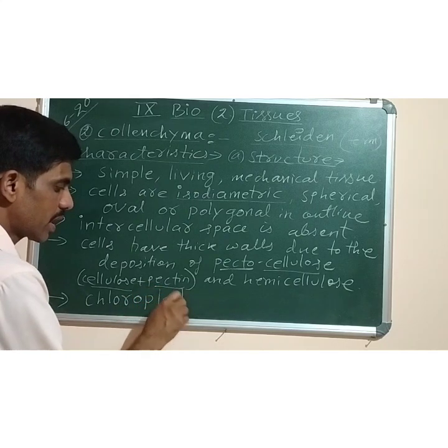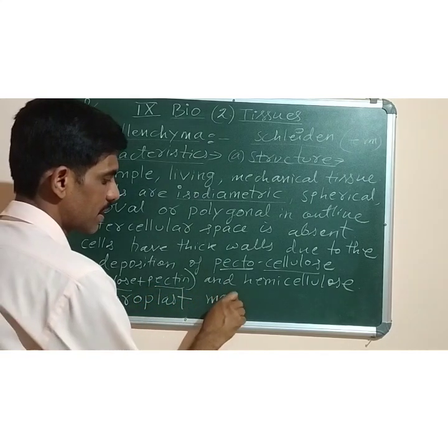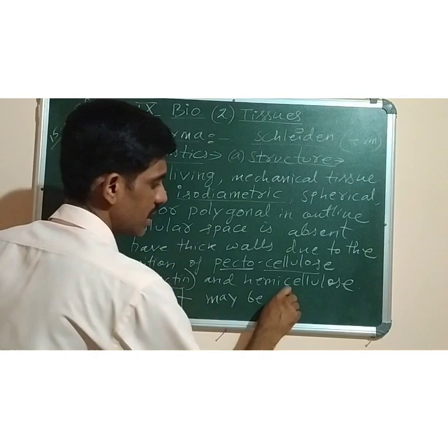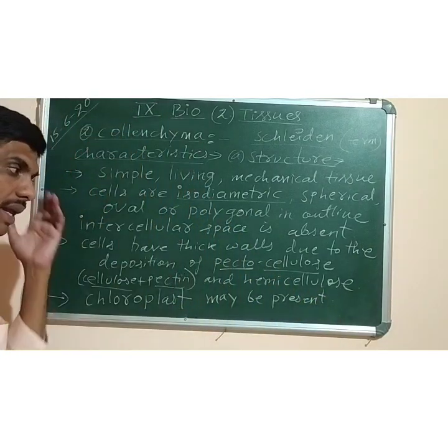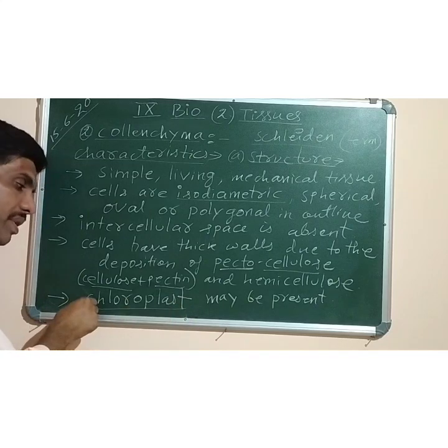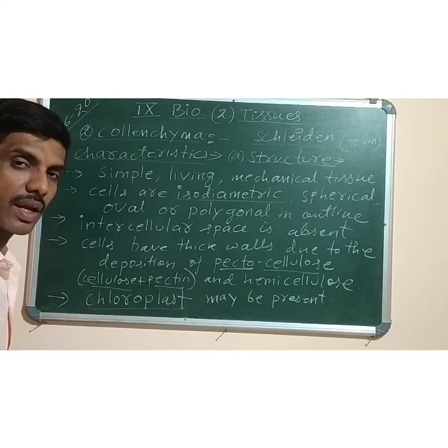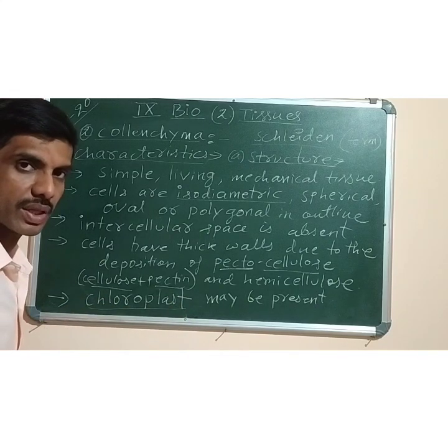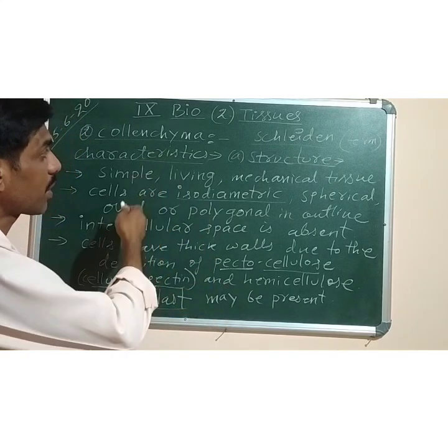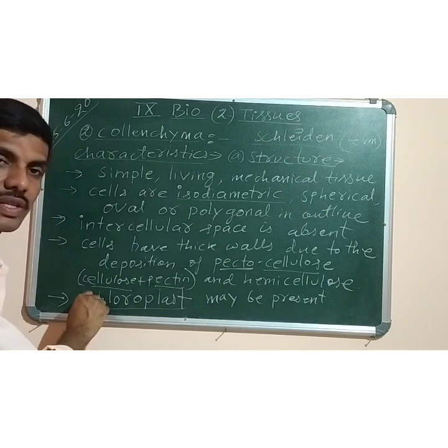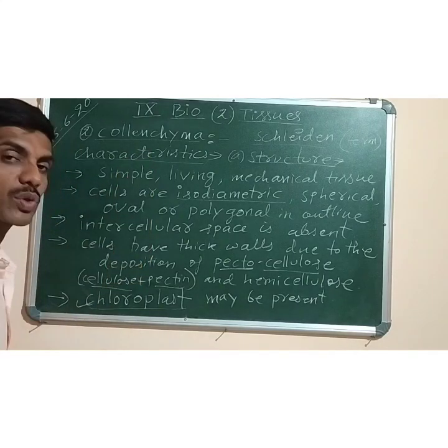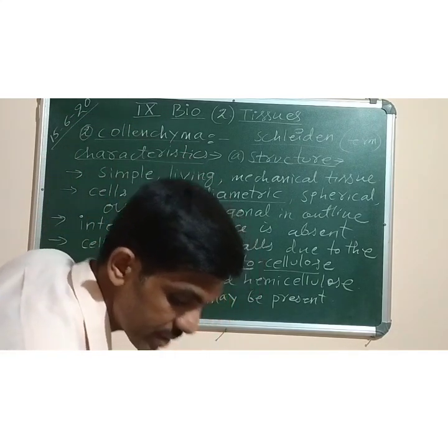So this point also we can write, chloroplast may be present in the collenchyma tissue. And if chloroplast is present, one function also we can learn from here, that collenchyma tissue can also perform photosynthesis if chloroplast is present.